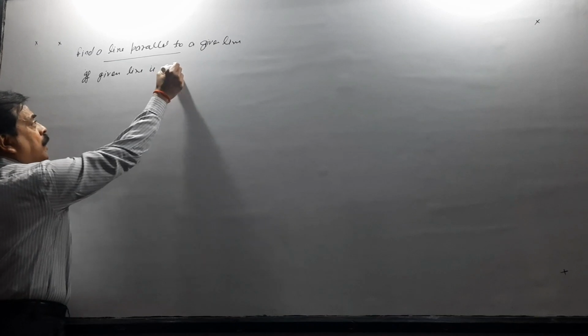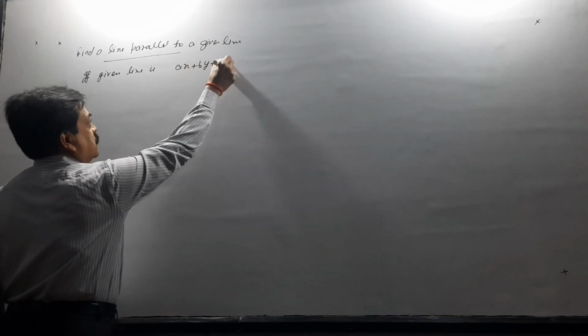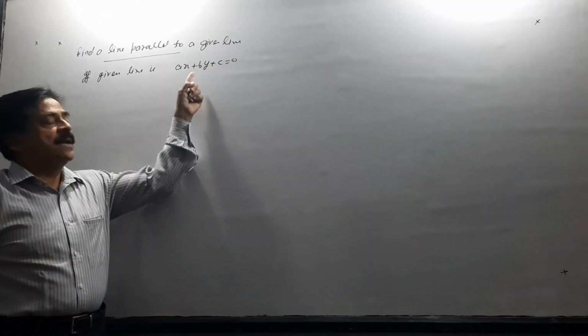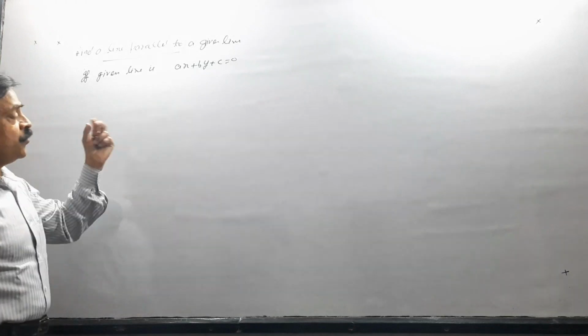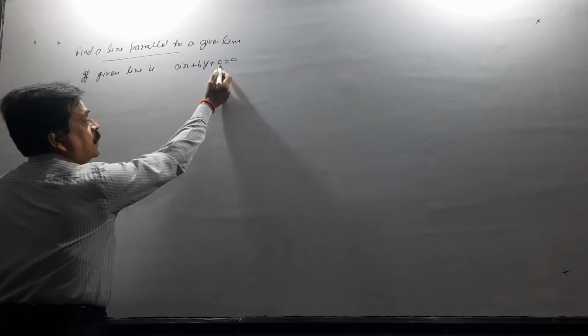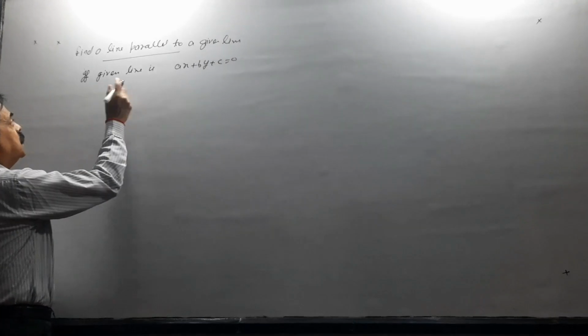If the given line is ax plus by plus c is equal to 0, we have to find a line parallel to this line. To find a line parallel to this given line, replace this constant c by another constant.